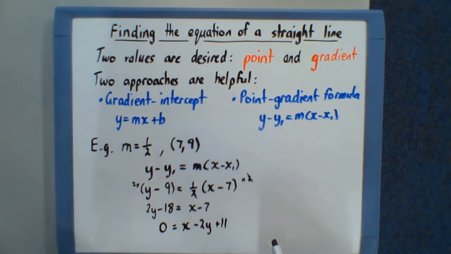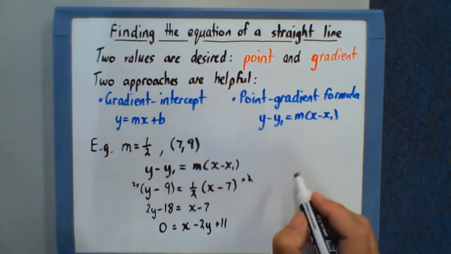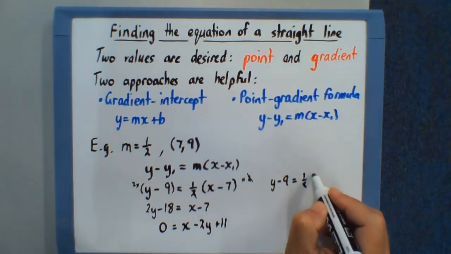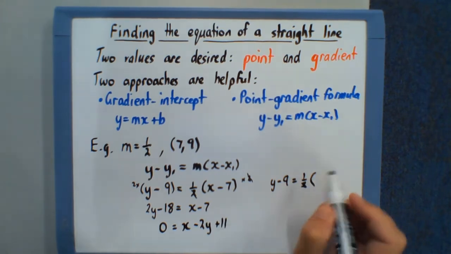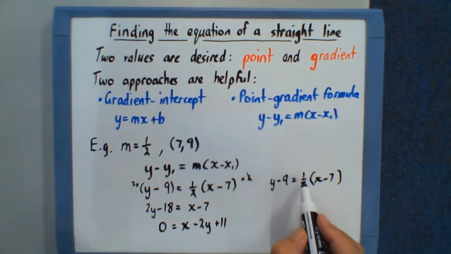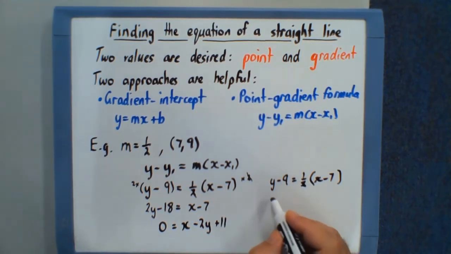If I was looking to get it into the gradient intercept form, then when I get to this line, instead of multiplying by this fraction, I simply expand it.